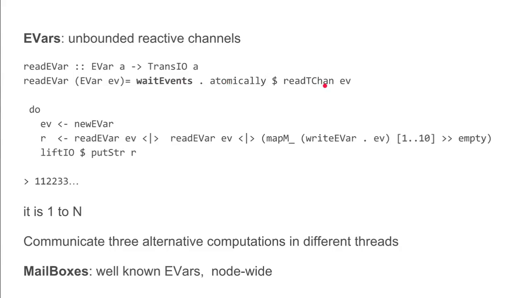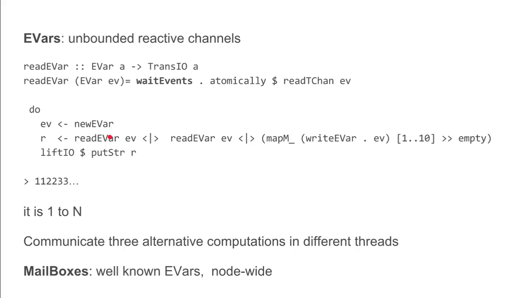A channel is one-to-n. So if we have many evars reading the same channel, all of them will receive each value. So if we have this new evar, we simply create the channel.